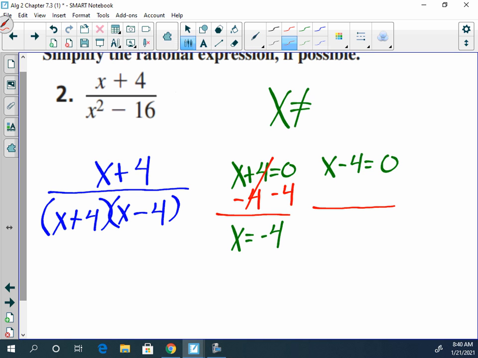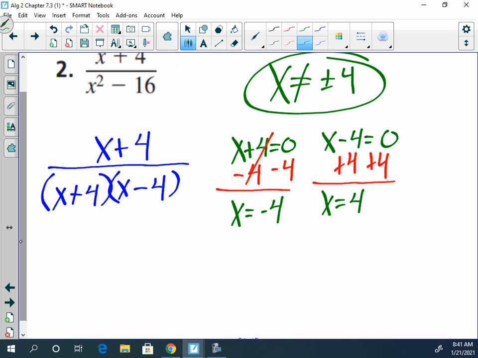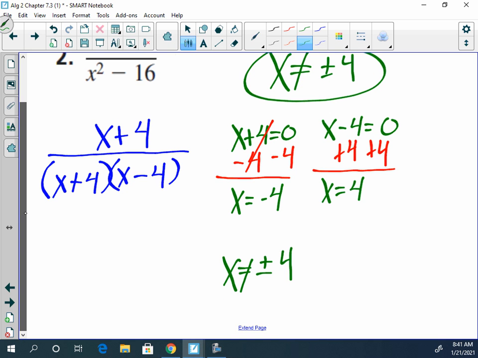And over here, we're going to add 4, so x is equal to 4. Okay. So our restrictions, x cannot equal plus or minus 4. I'm just rewriting it down here, so we'll have it just in case this goes away when we scroll down.